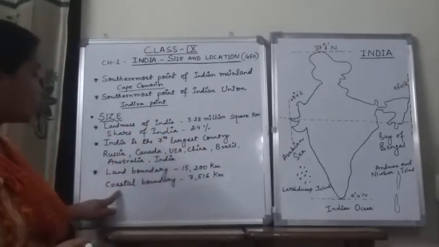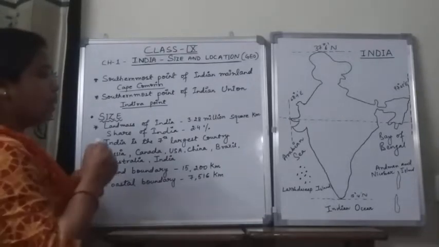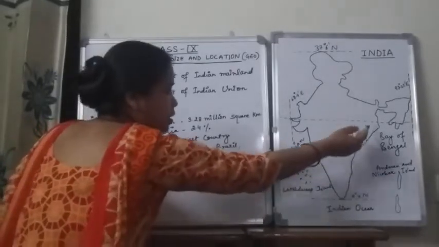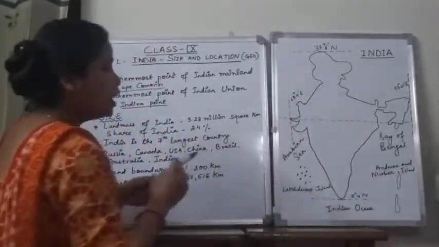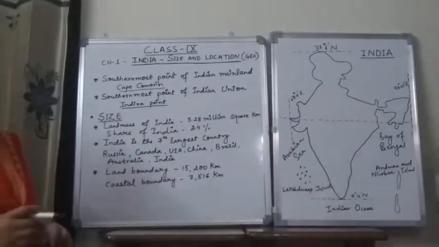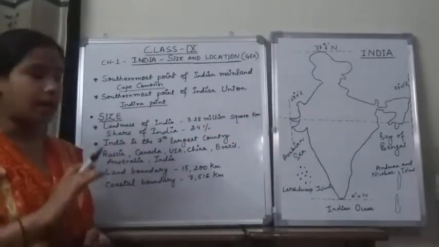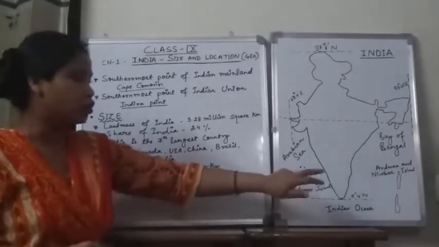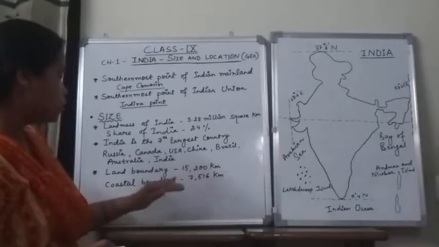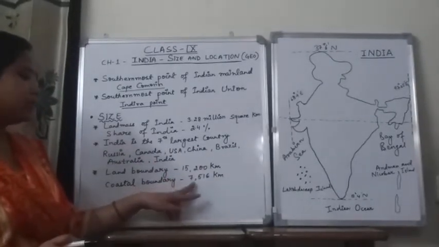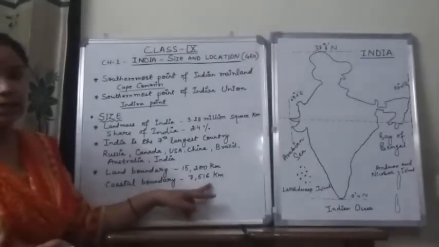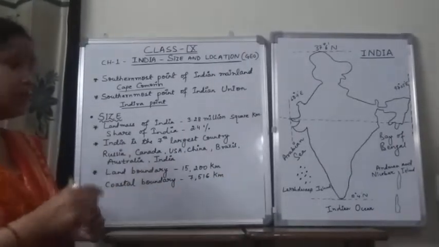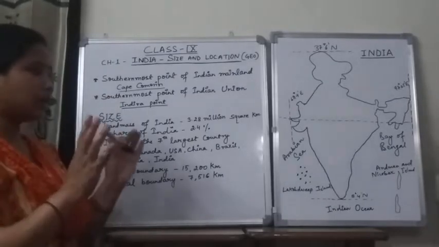And if we talk about the coastal boundary of our country, this area from the Gujarat region till West Bengal will come under the coastline boundary, including both the islands also. So this coastal boundary is 7,516 kilometers.